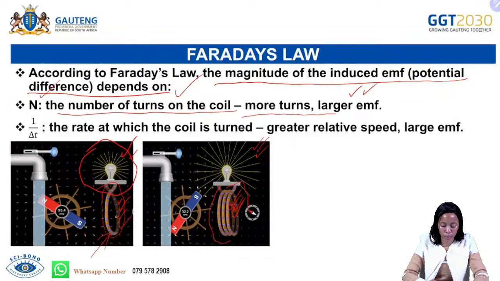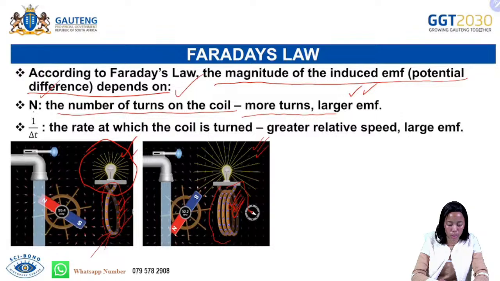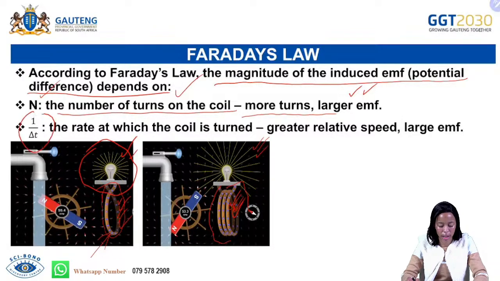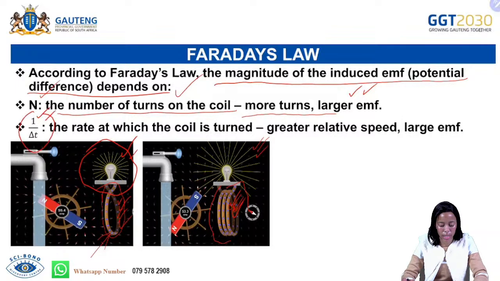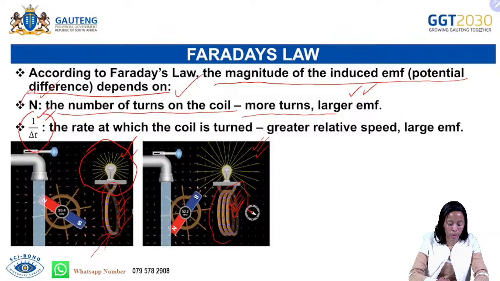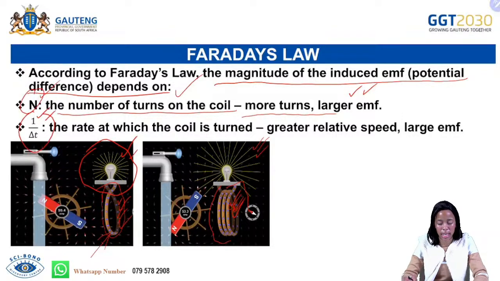So if we increase the number of coils, we produce a larger EMF. Then according to the formula, we have the change in time. The change in time is inversely proportional to the EMF, but the number of turns is directly proportional to the EMF.